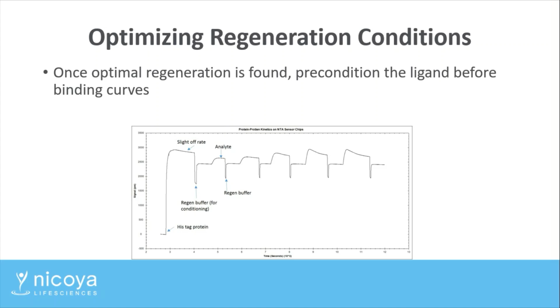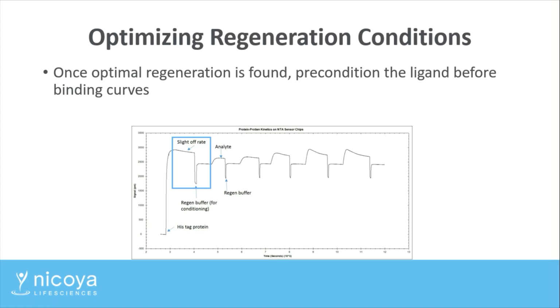So for example, in this response graph below, our first step here is the immobilization of our histidine tag protein to our NTA sensor. And as you can see, there's a slight off rate that's occurring after this step is done. Next, we're going to precondition this ligand on the sensor with our regeneration condition. And you can see that some of the loosely bound ligand has been removed from the sensor surface.